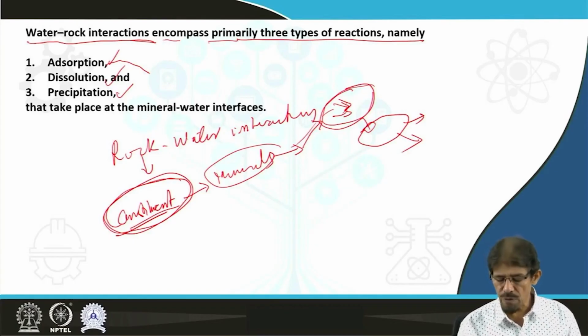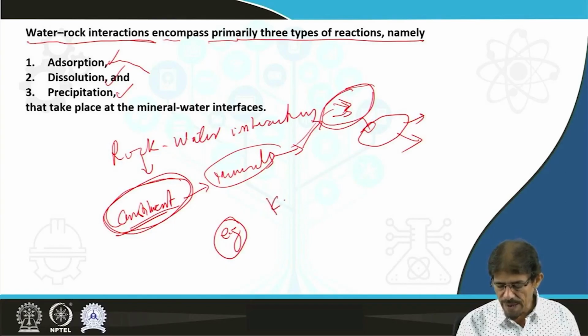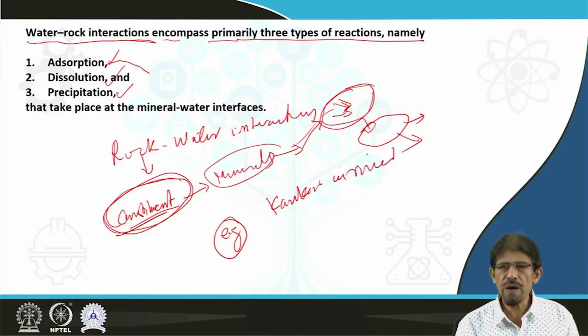For example, one good example we have, due to water rock interaction over time, is the formation of kankar in rivers. We have a number of examples of kankar deposits in the Yamuna river and in the Ganga river at different localities, nearby Varanasi, nearby Allahabad, nearby Haridwar and others.